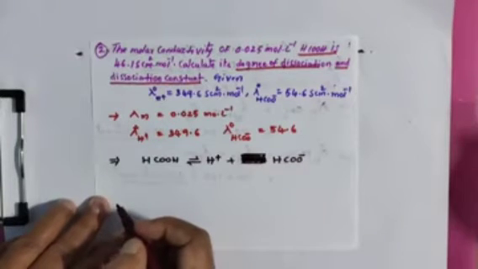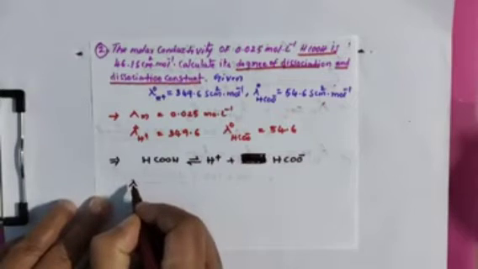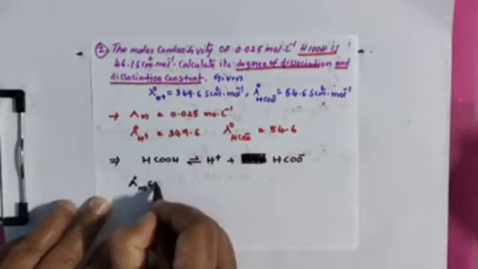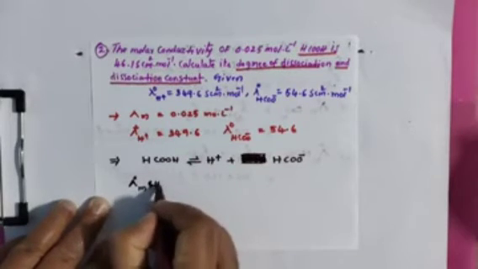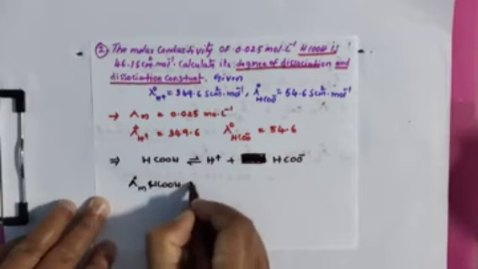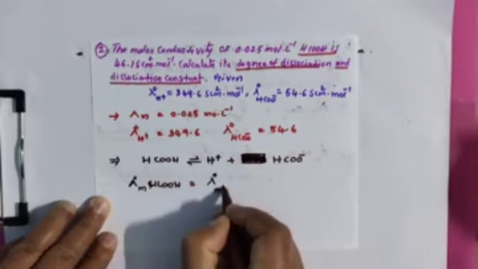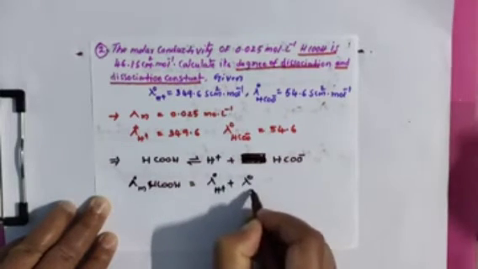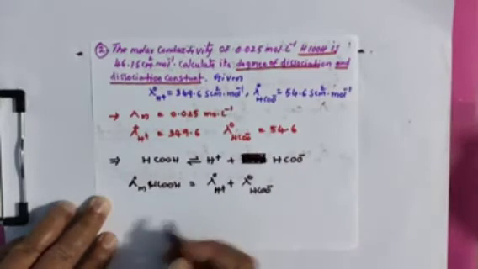Now we know that Λm⁰ of HCOOH equal to Λ⁰ of H plus plus Λ⁰ of HCOO minus.